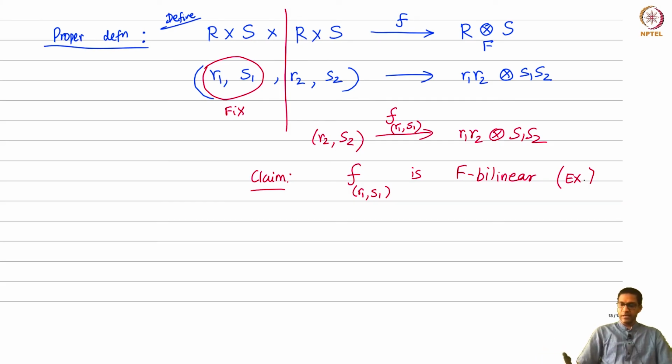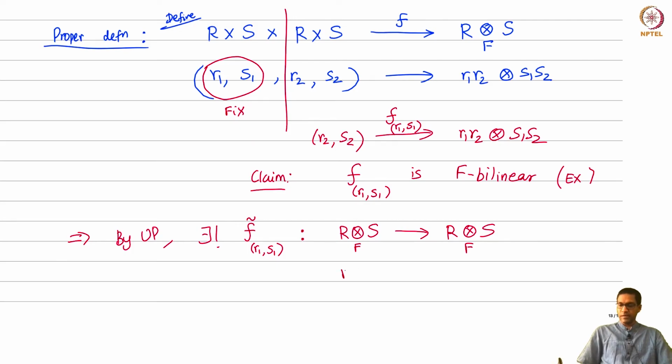Since it's F bilinear, by the universal property there exists a unique map. Let's call it F tilde sub R1 S1, which still depends on R1 and S1. This is now a map from R tensor S. What does this map do? It takes R2 tensor S2 and maps it to R1 R2 tensor S1 S2. So it's at least a well defined map like this, and it is an F linear map.